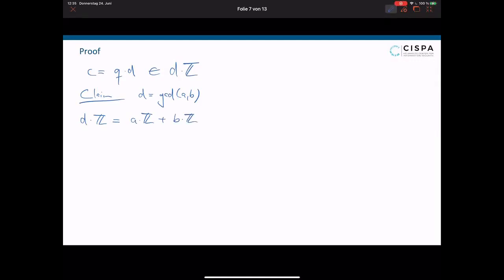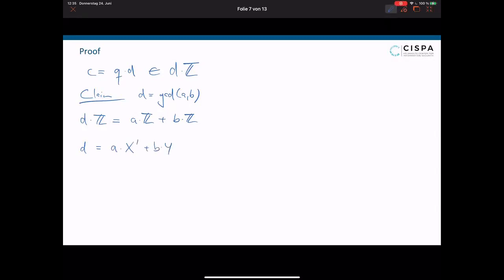What I wrote on the right side is just this I. From that it follows that on the left side, we have, of course, d is in d times Z, right? Because 1 is in Z, so d is on the left side. That means we can write d as a times x' for some x' in Z plus b times y'.